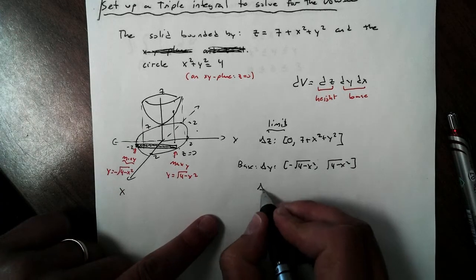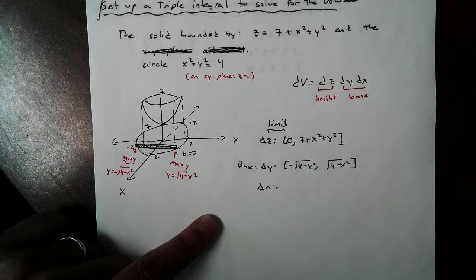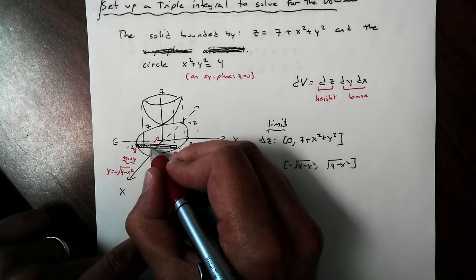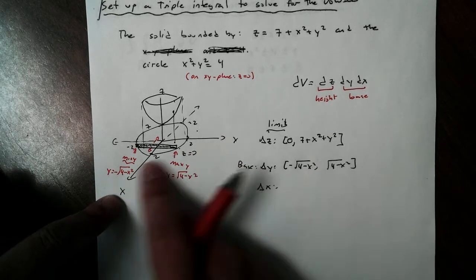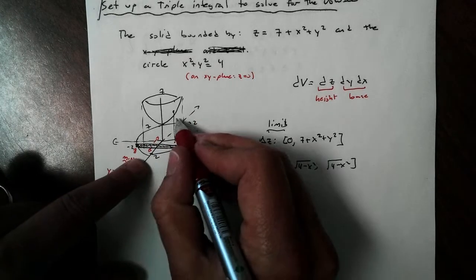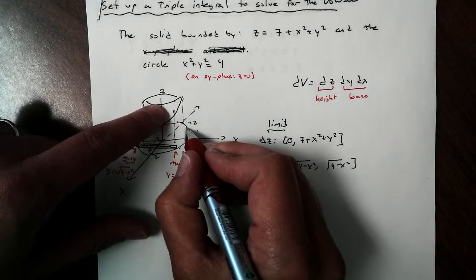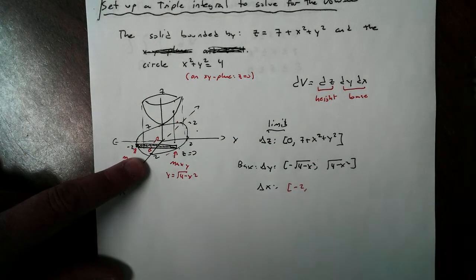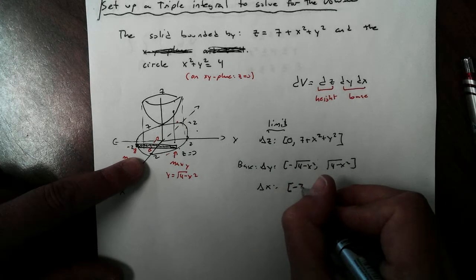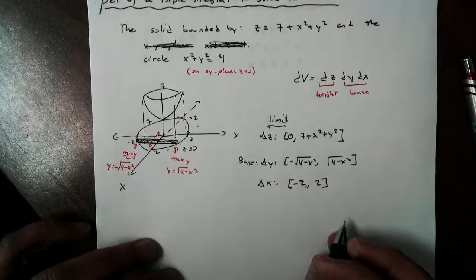And to get my change in x's, remember this is going to go horizontally, even though it looks like it's vertical. Remember my xy plane looks like this in 3 dimensions. This rectangle is going to go from negative 2 all the way to positive 2.